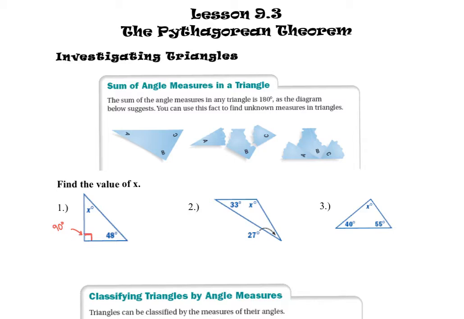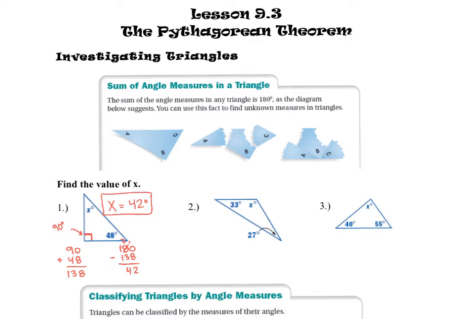So if I want to figure out what x is, I would first add 90 plus 48, which is 138. And then because I know that all the angles have to add to 180, I could do 180 minus 138 to figure out the missing angle measurement. And so I know that x would be 42 degrees here.